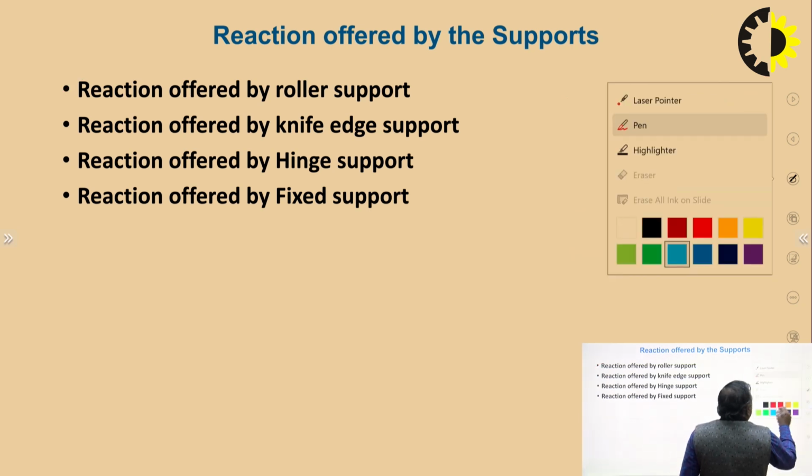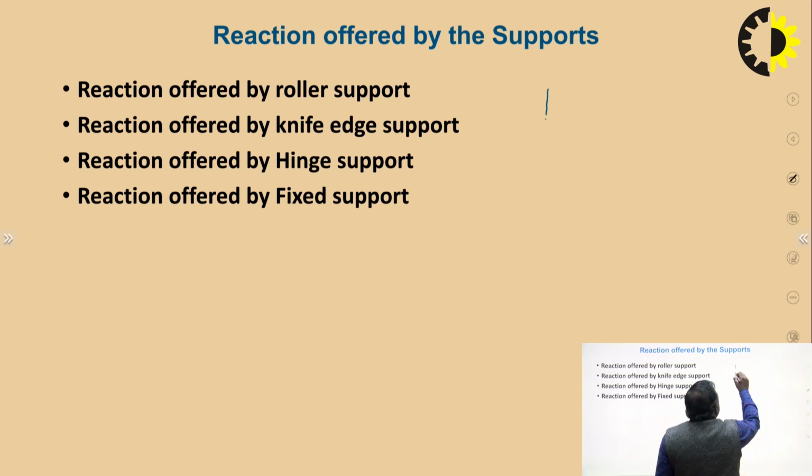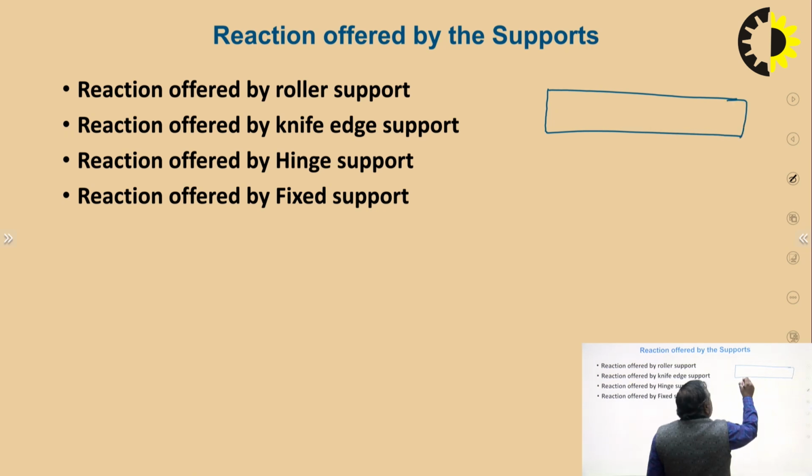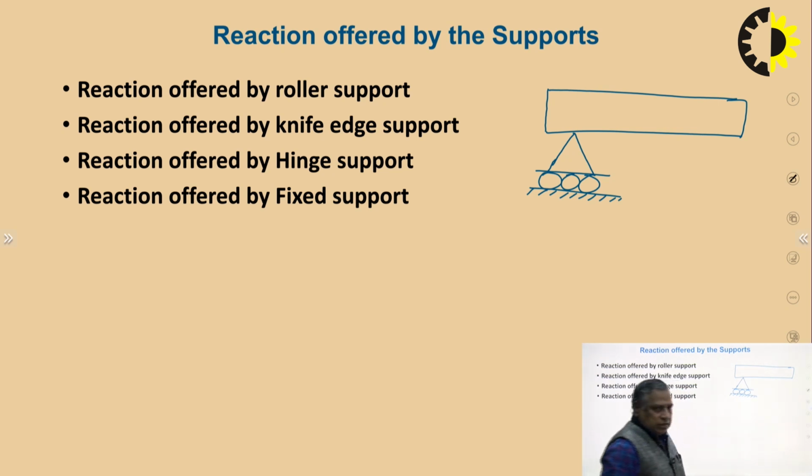So in hinge support, suppose this is a beam, this is roller support. If it is mentioned like this, a triangle is placed over the rollers.